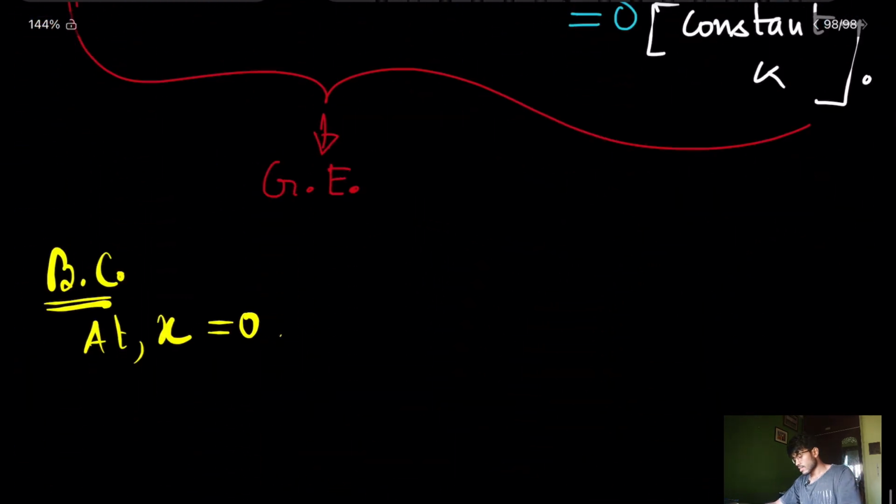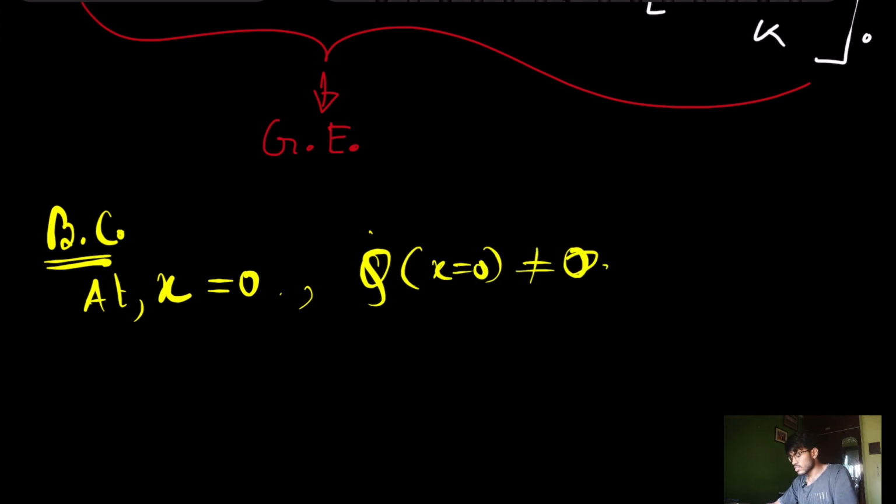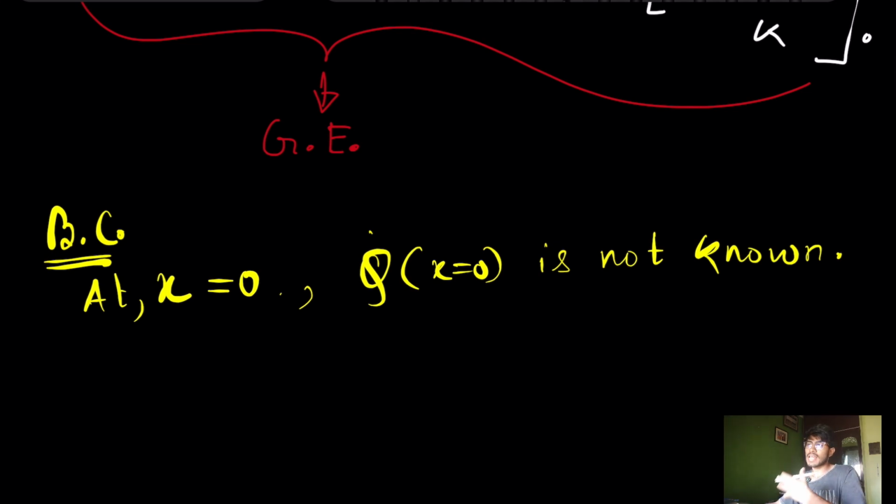At the base of the fin, q at x equal to 0 is not known, because this is a fin and you need to enhance the heat transfer; you don't know what the heat transfer will be. In any problem, it can be given as a boundary condition that at x equal to 0, q dot x is given.